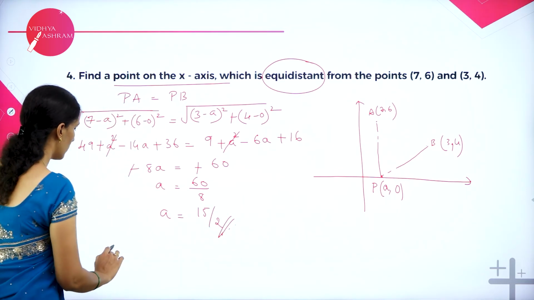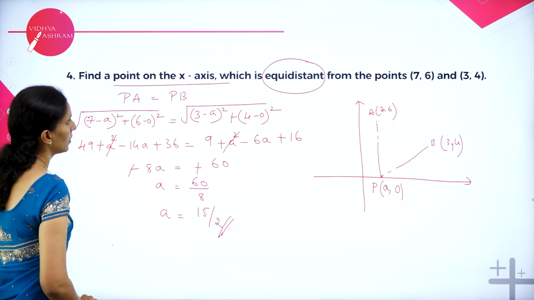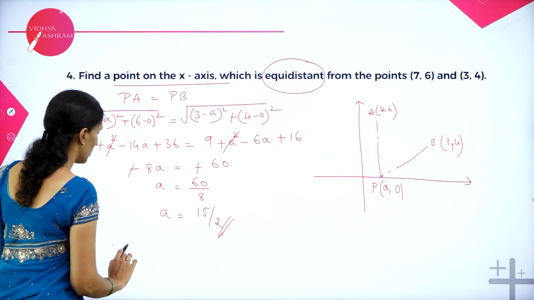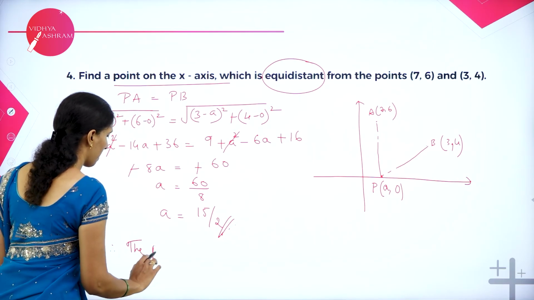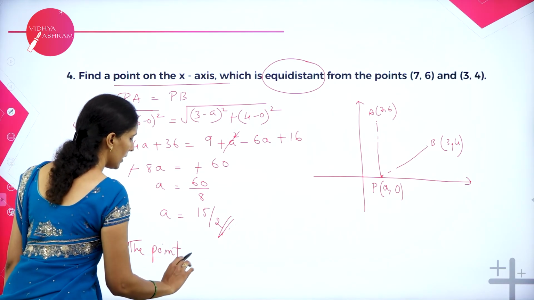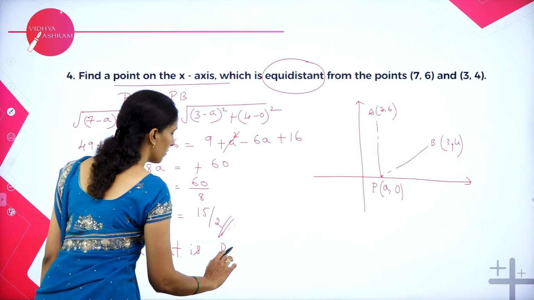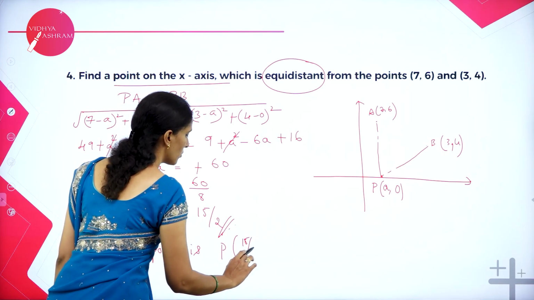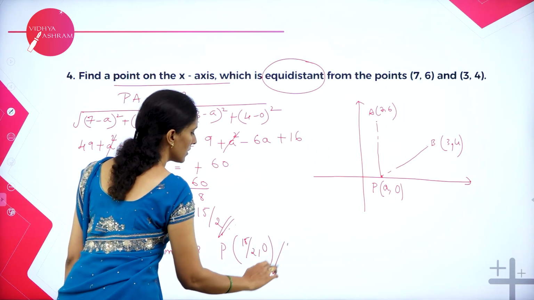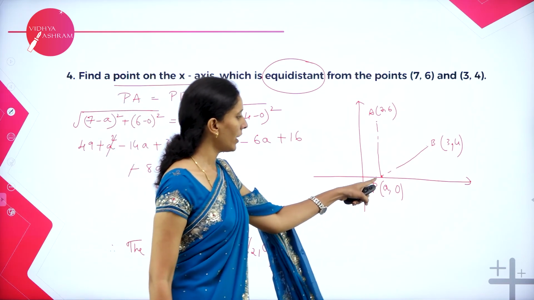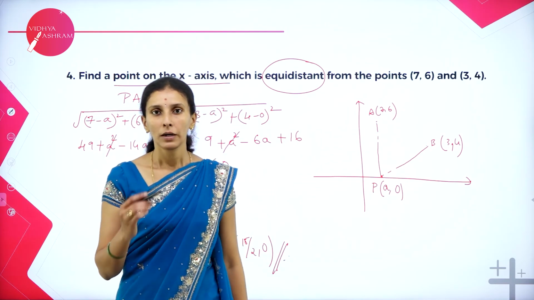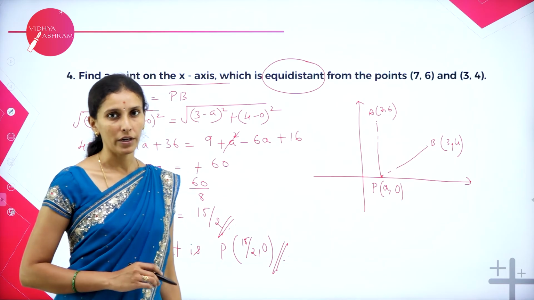Therefore, the point is P(15/2, 0). This is the coordinate of the point which is equidistant from point A as well as point B.